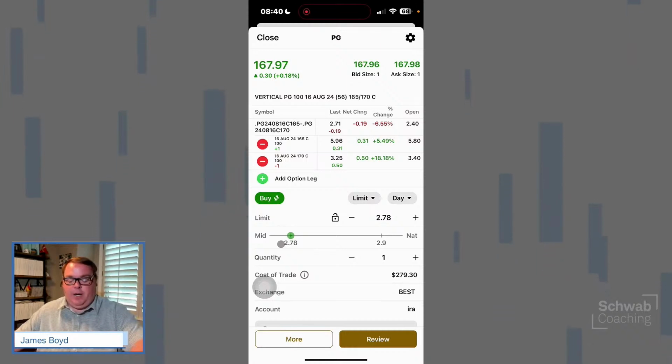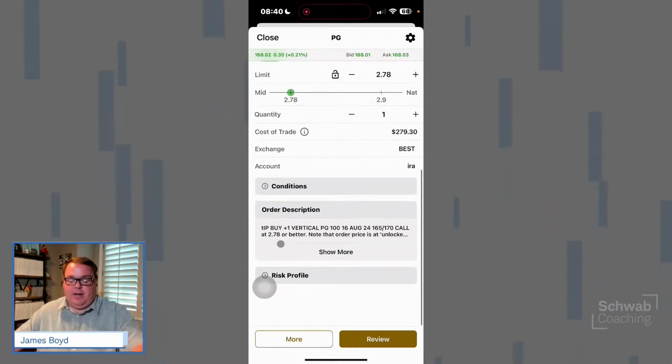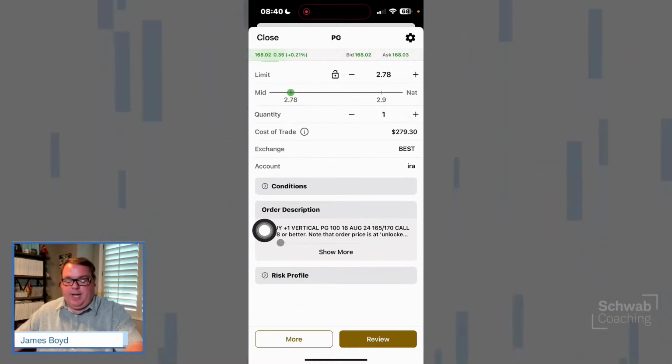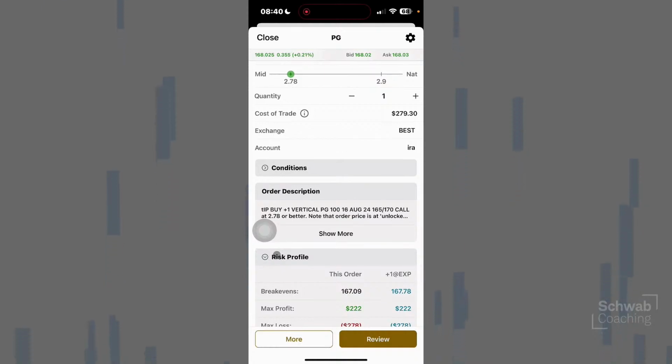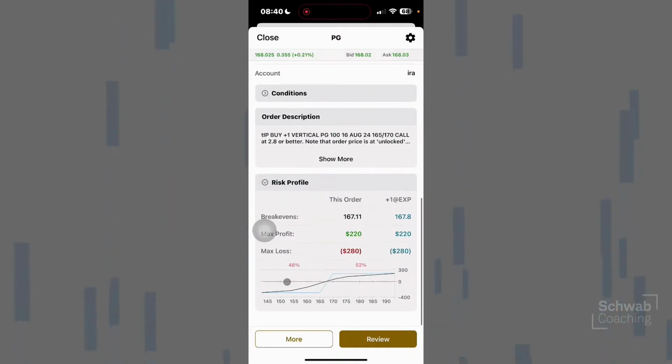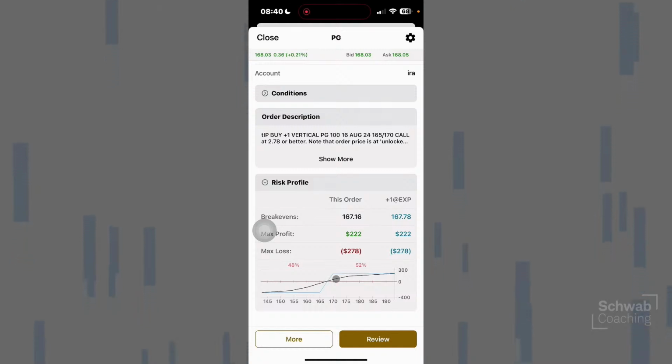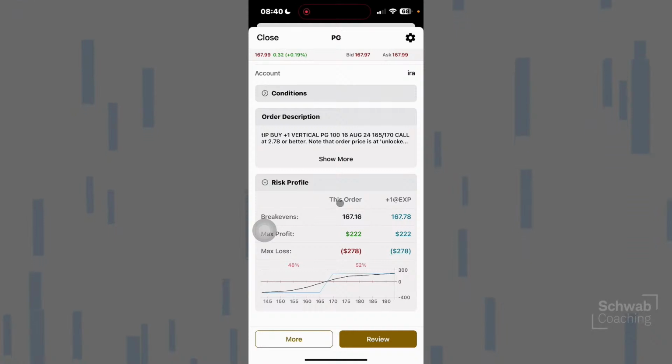Now, what I'm going to do is scroll down for just a sec, and what you're going to notice is we have the risk profile. If you click on that risk profile right here, you're going to see what the break evens are. You're going to see the diagram down below. So if we pull up different, let's say advanced option orders, we can see this order.